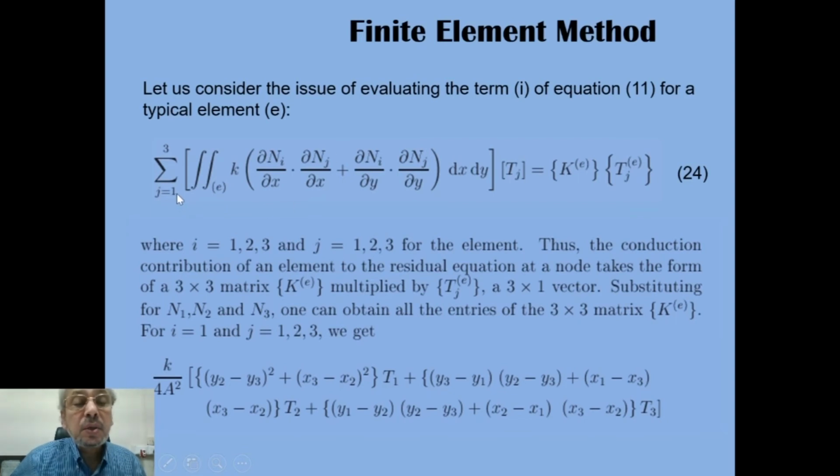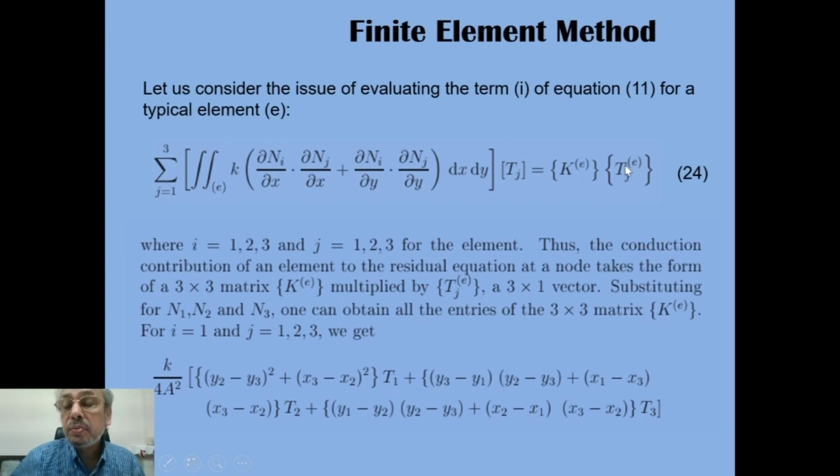That means nodes 1, 2, 3, and Tj will also vary 1, 2, 3, T1, T2, T3. So this finally becomes some array, which is basically multiplication of a 3 by 3 matrix and a column matrix, that means T1, T2, T3 as a column.